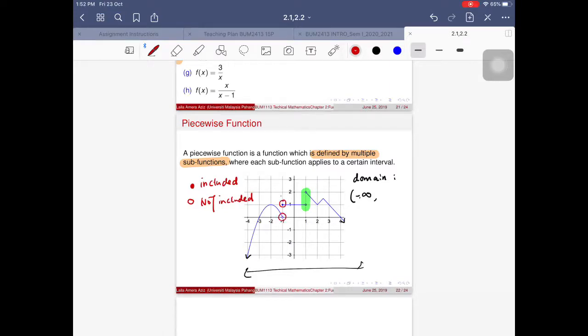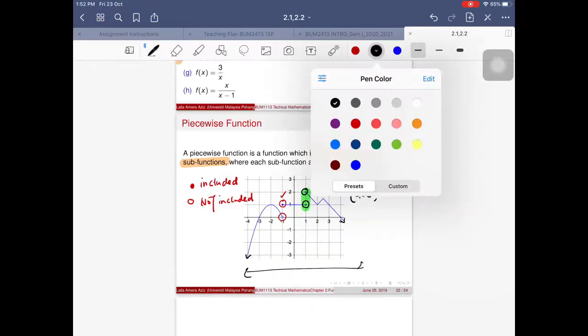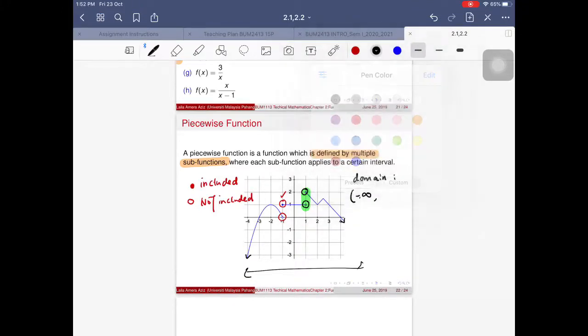For this case, it doesn't matter because we have one included, one not included, meaning that it's included anyway. But our concern is this one, for which both values of 1 are not included. So when we write down our domain, we have to point out that it goes from negative infinity until infinity, however, number 1 is not included.